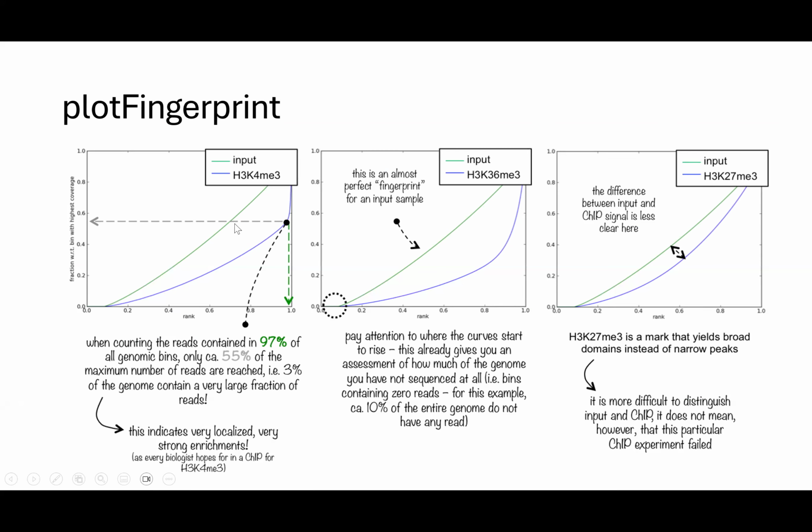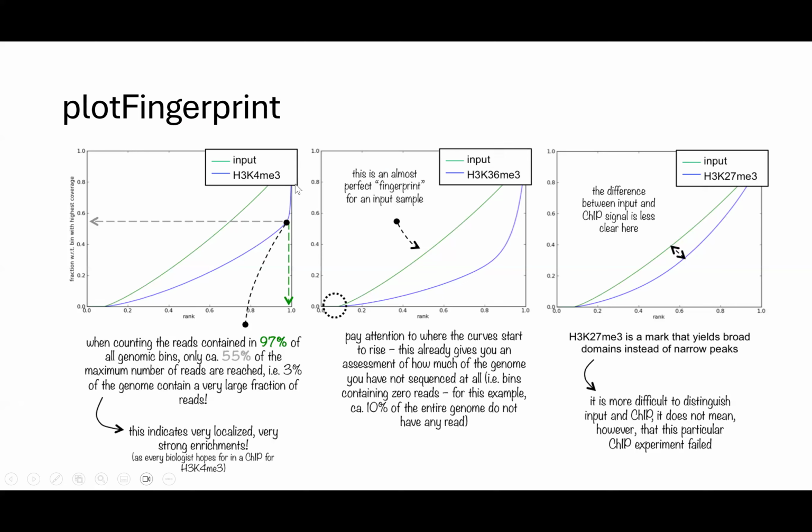When you do a histone mark that's highly localized, like H3K4 trimethyl, you get something closer to the bottom right corner, where a lot of the reads are at those gene promoters. Here they're showing that the top 3% of regions of the genome have about 45% of the sequencing reads.